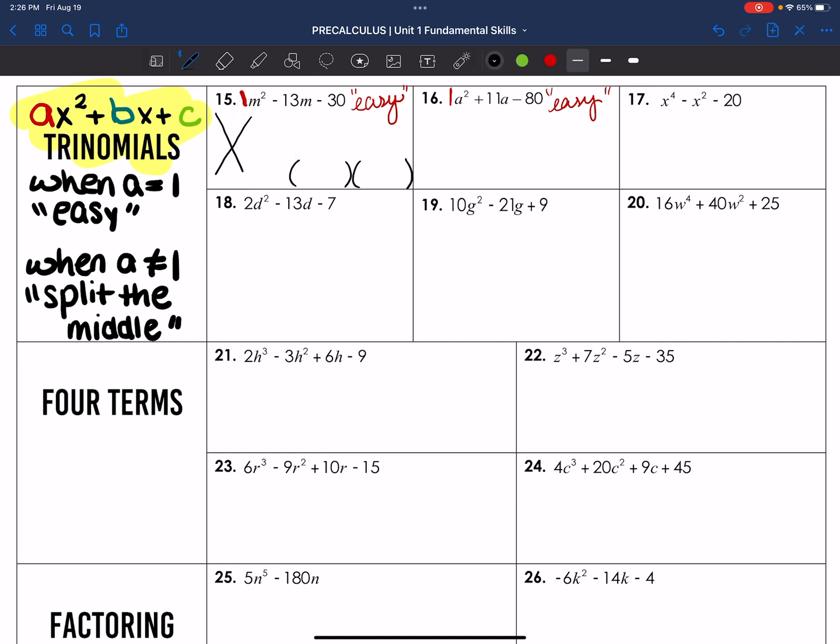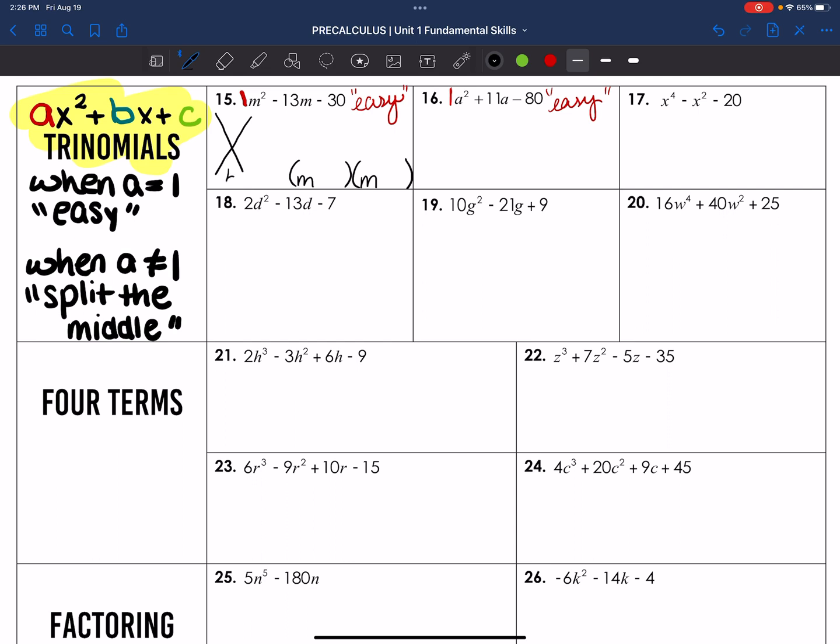That means they're both going to start with m. What we're trying to find is the value here and here. Those constants are going to need to multiply to give us negative 30, but add to give us negative 13.